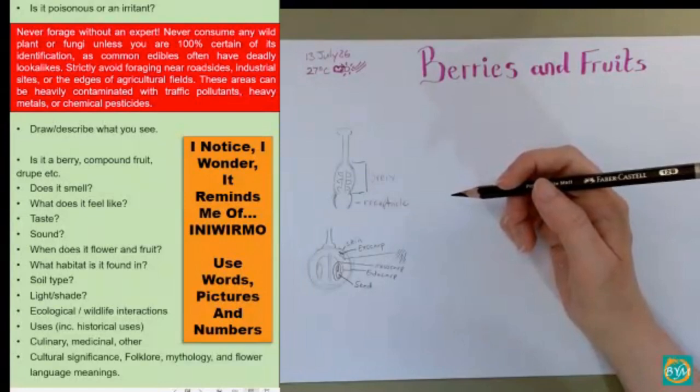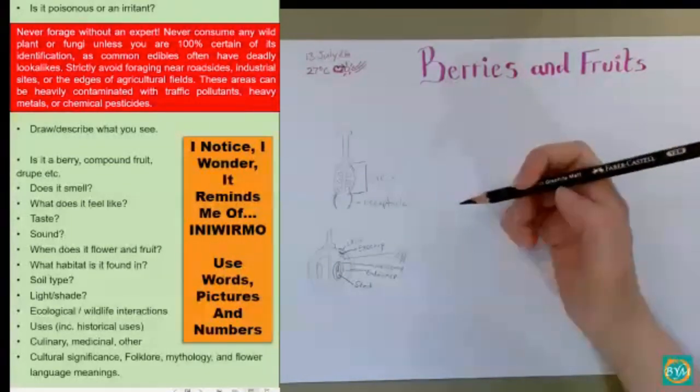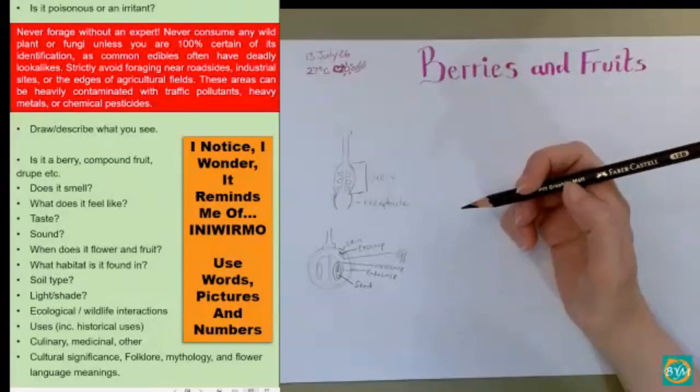Maybe what does it feel like? What does it taste like if you know for certain that it is edible? Does it make a sound when you squish it, or do the leaves make a particular sound? When does it flower? When does it fruit?